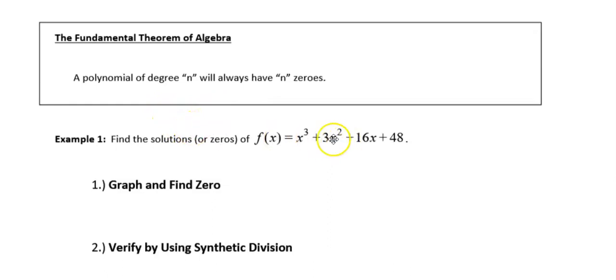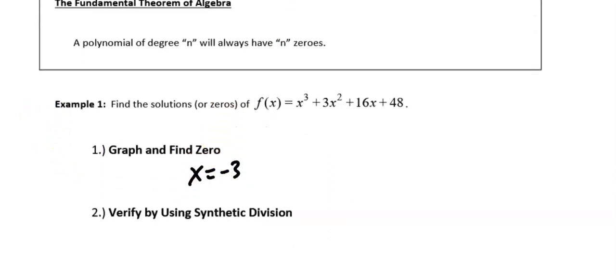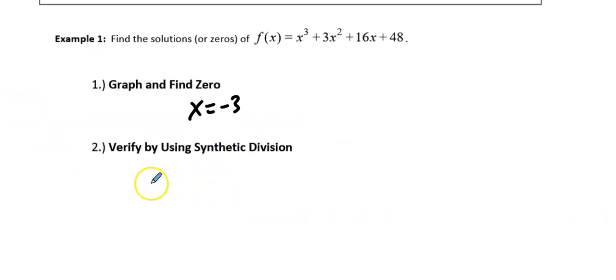So use Desmos and graph x cubed plus 3x squared plus 16x plus 48 to find a zero. So you should see a 0 at -3. Well, let's confirm that using synthetic. So we're going to take our -3 and now our coefficients.